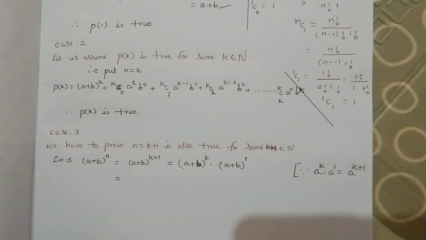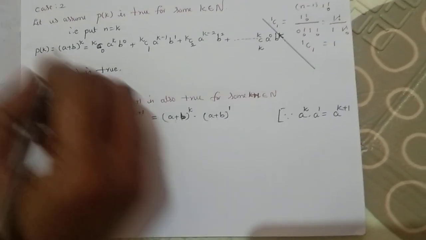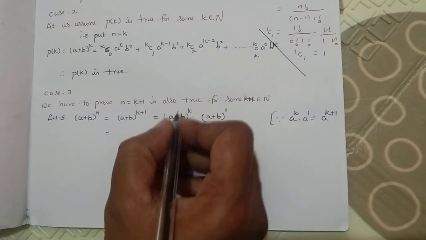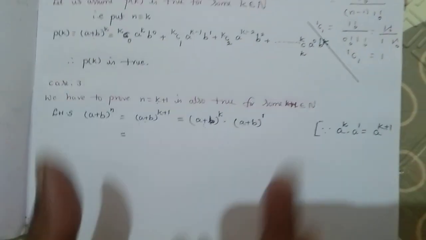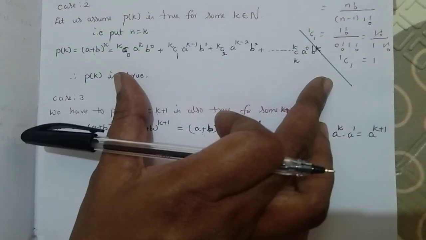Now, we already have the (a + b)^k expansion in the right hand side, so we can substitute it here as it is, whatever was in case 2.